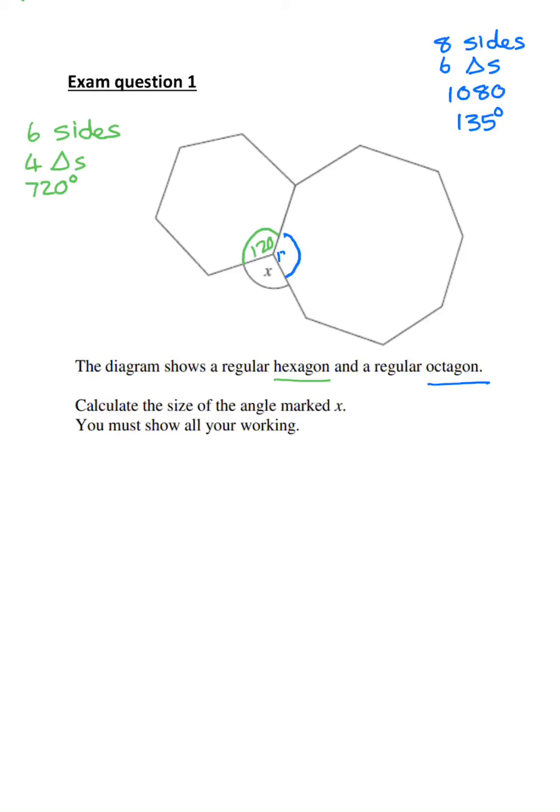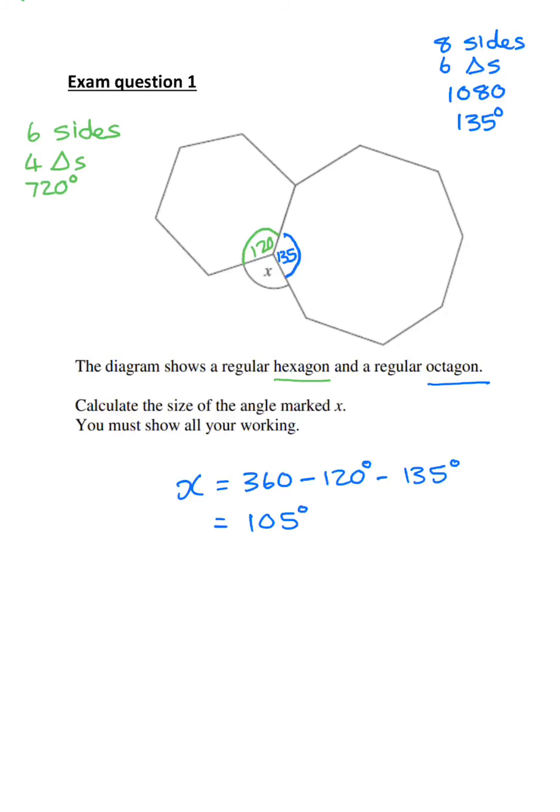So altogether, I've got 120 plus 135, which is 255. Subtract that from 360, and I get that x is 105. So 360 minus 120 minus 135, and I get 105 degrees.